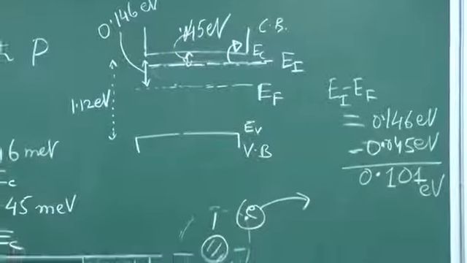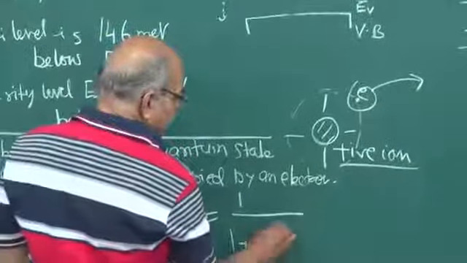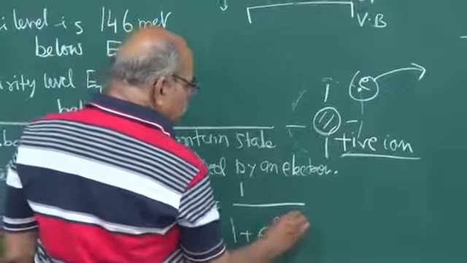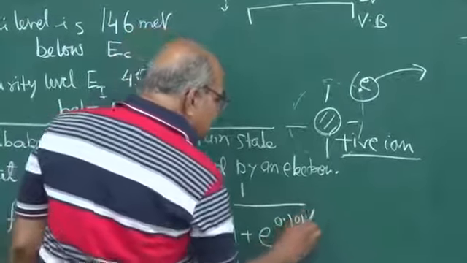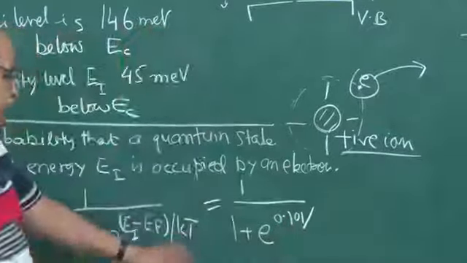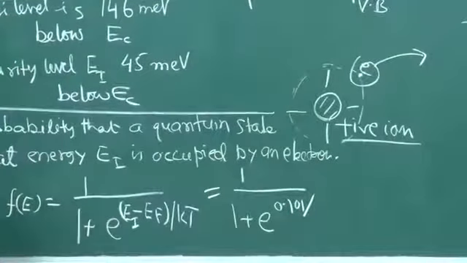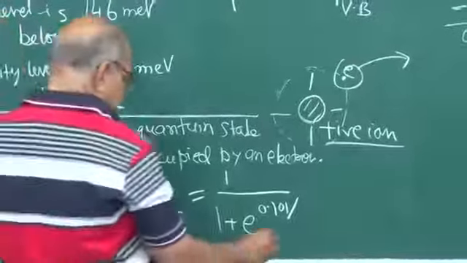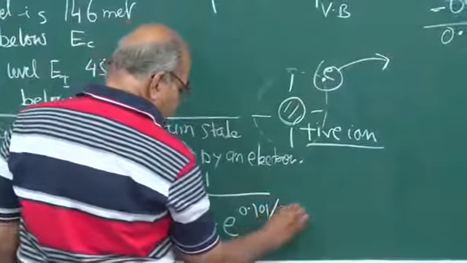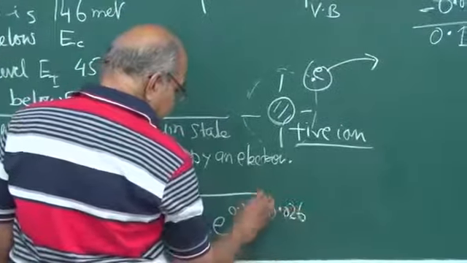So this is 0.101, and then that divided by kT. Taking room temperature 300 K, kT is 0.026 eV.